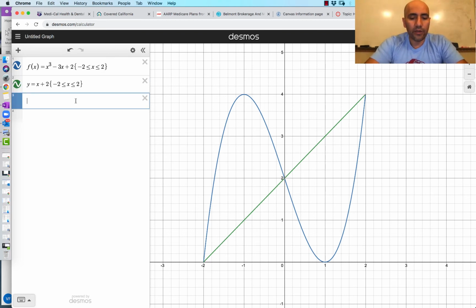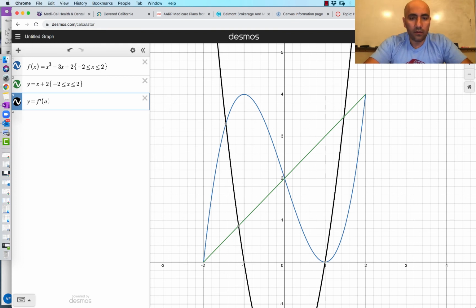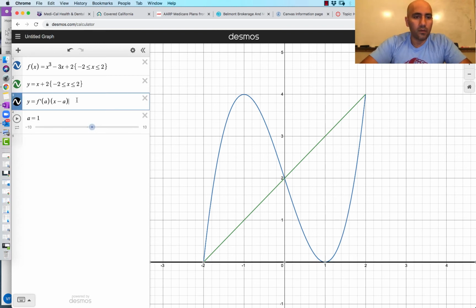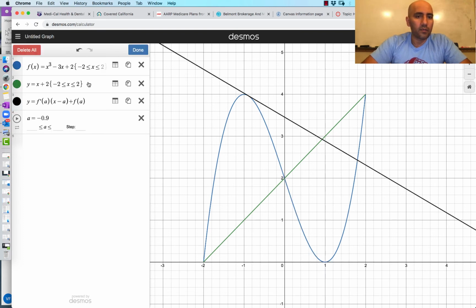That would be the equation y equals f prime of a times x minus a, a is a slider, plus f of a, and let's put it in red.